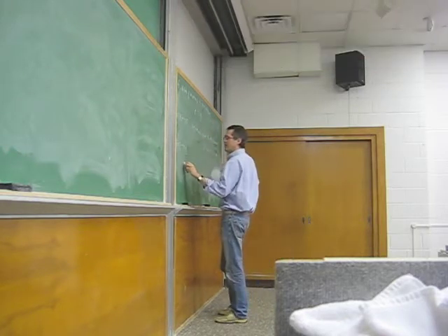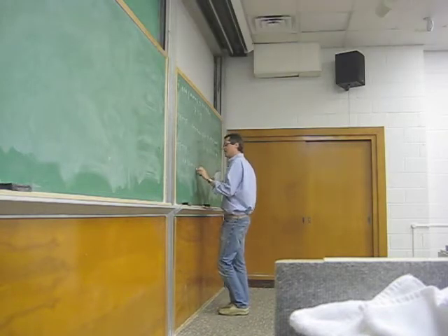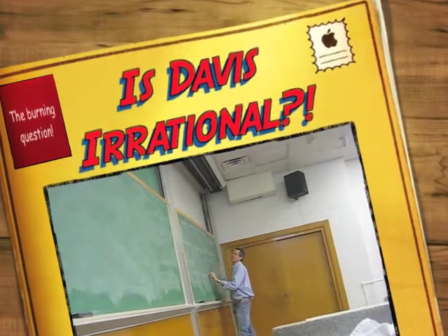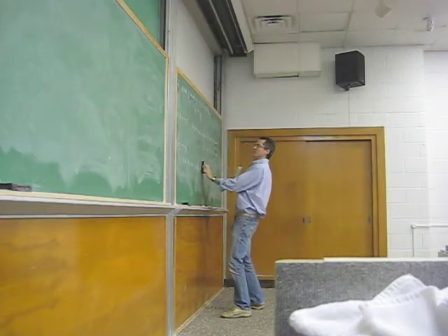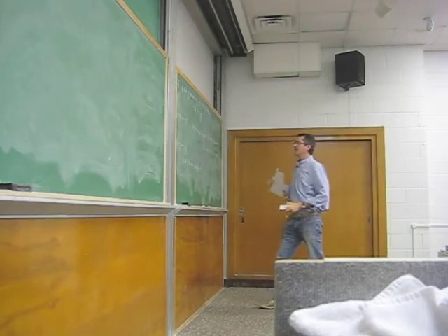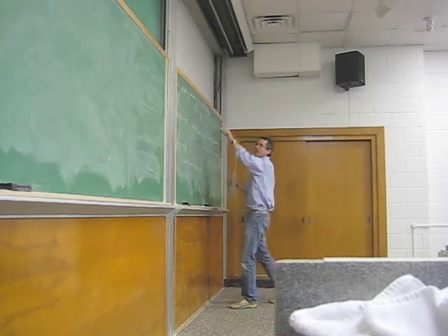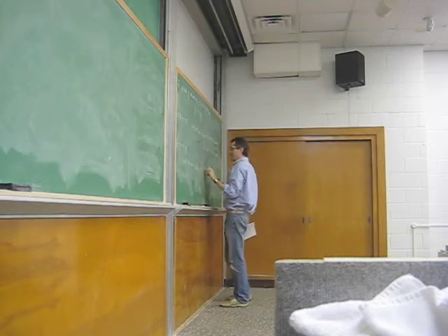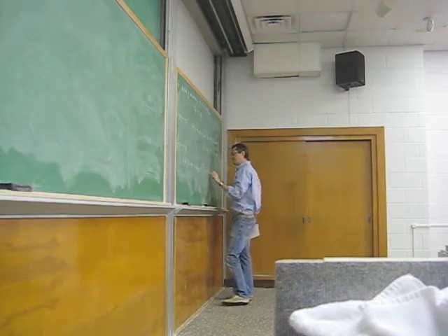So this is the statement: x and y irrational implies... whoops, I got it backwards. Wait, where am I? Oh no, I'm a little irrational, sorry. So yeah, here's P. The negation of that implies the negation of x and y irrational.